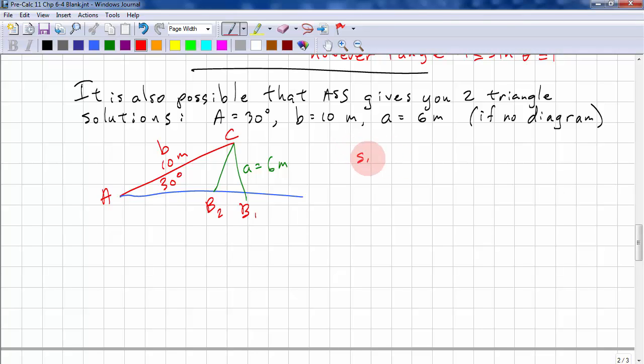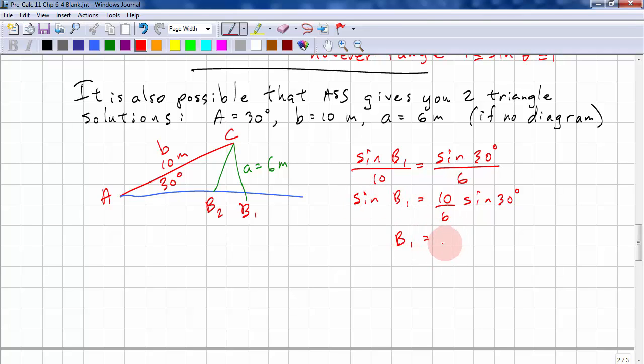So sine B1 over B equals sine 30 over 6. So B1 equals 10 over 6 sine 30. And I should put the degrees there. So this is sine, and then B1 equals inverse sine.